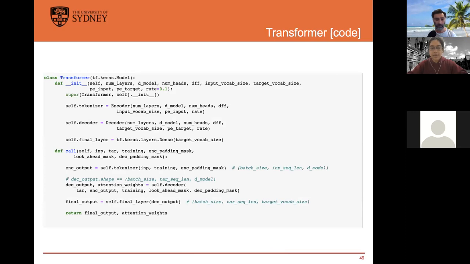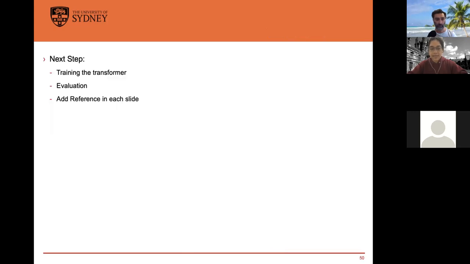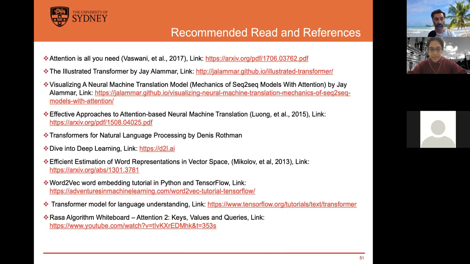I will have to add the code reference for training the transformer, and also how we evaluate it. I'm yet to add that. Also, I'll add references in each slide. But these are some good reads and references I've used for creating this presentation. Highly recommended reads; these are very useful.